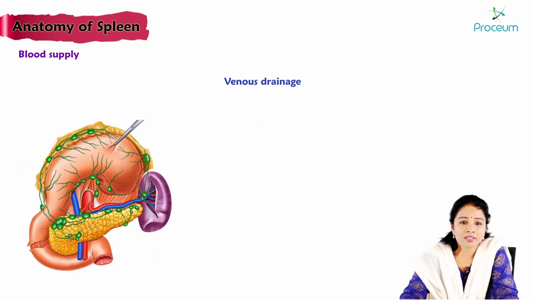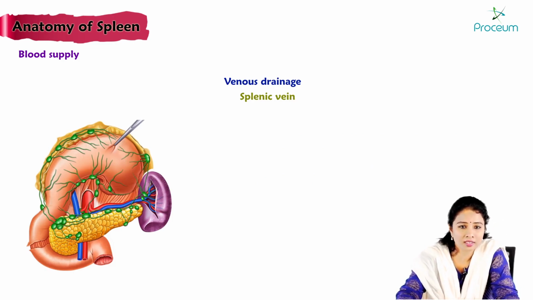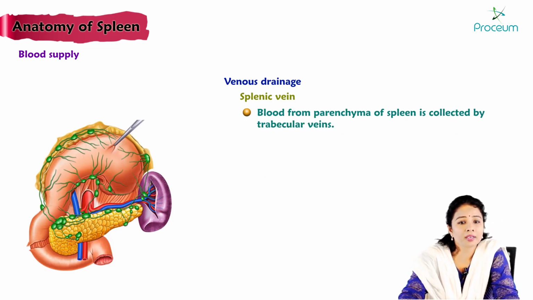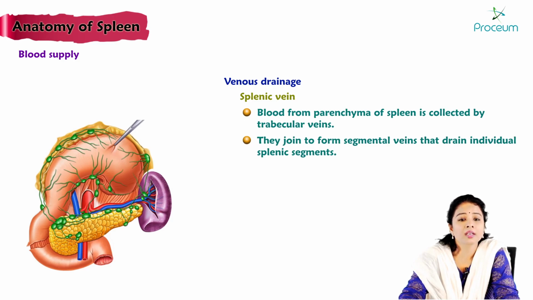Next, regarding the venous drainage, the splenic vein. Splenic vein runs along with the splenic artery, and the blood from the parenchyma of the spleen is collected by the trabecular veins and they join to form segmental veins and they drain the individual splenic segments.